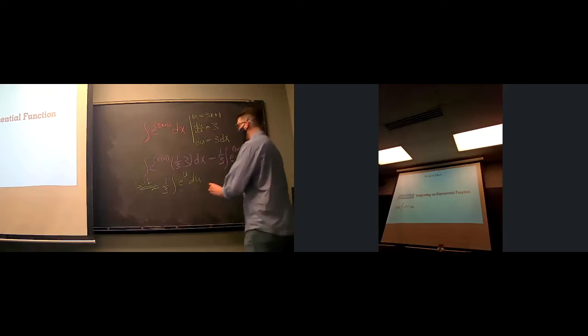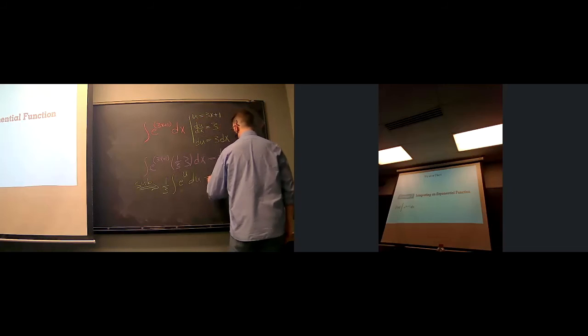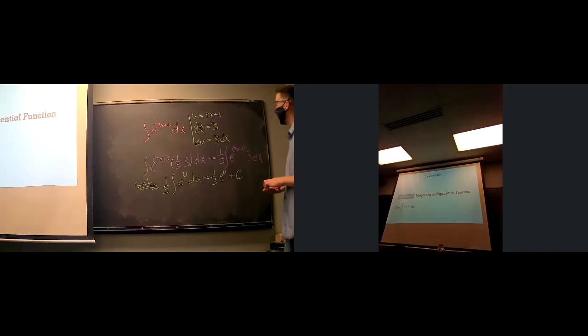This is just going to come out to be 1 over 3 e to the u plus a constant. So substituting back in, we get that the integral is equal to 1 over 3 e to the 3x plus 1, all that plus a constant.